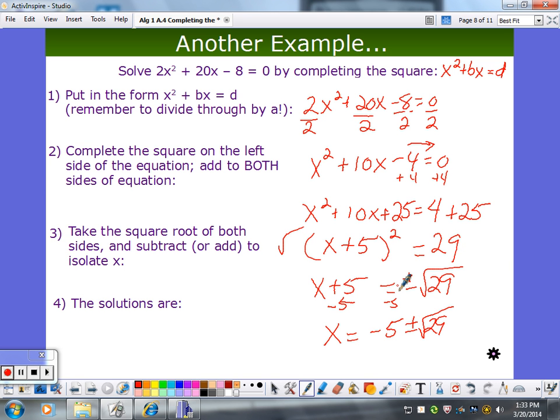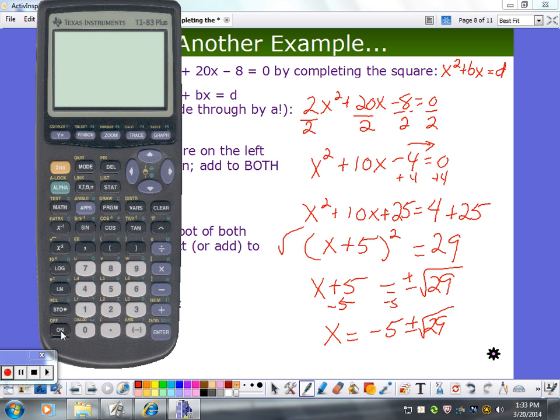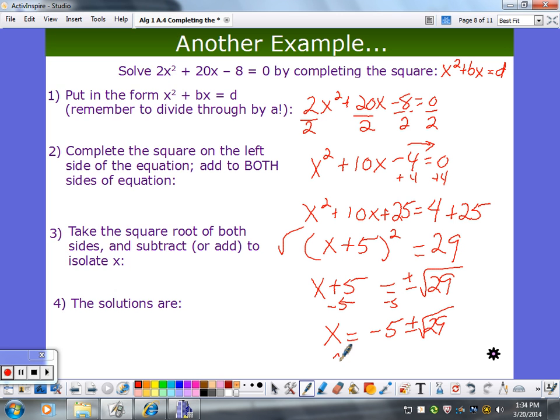Two of them. If I want to round it to the nearest hundredth, I use my calculator. I do negative 5 plus the square root of 29. And I get, what do I get? To the nearest hundredth, that's about 0.39.